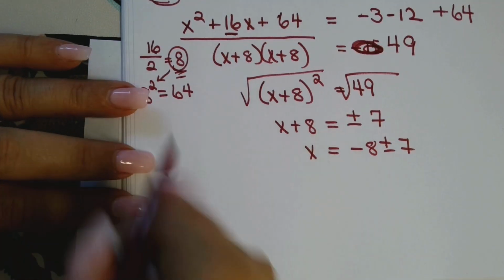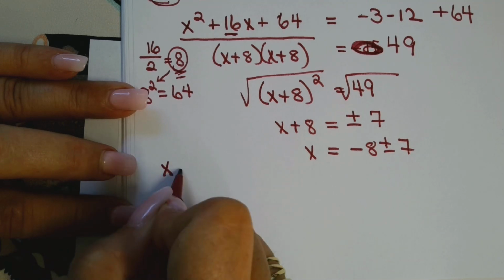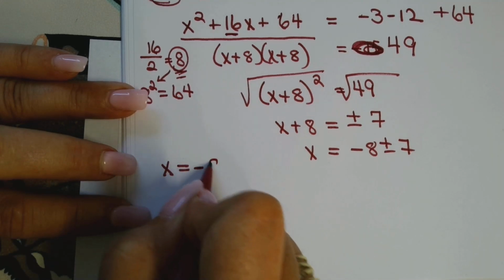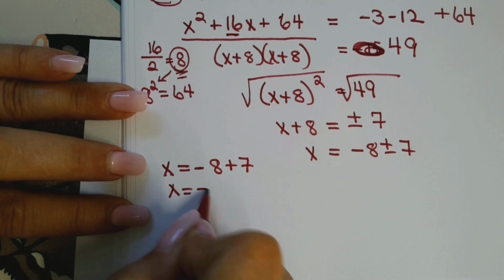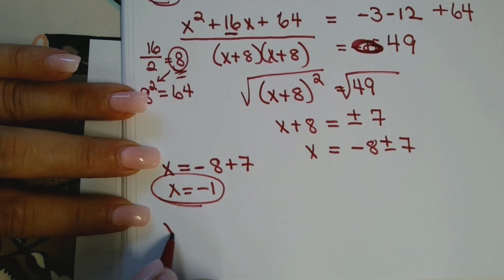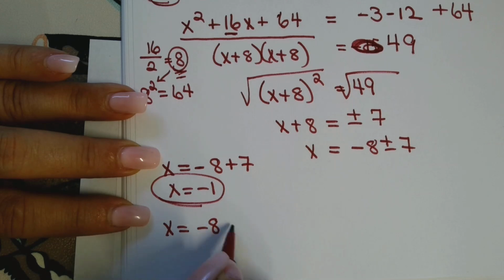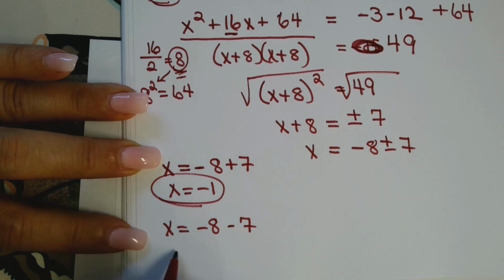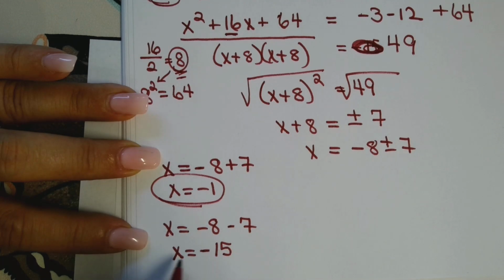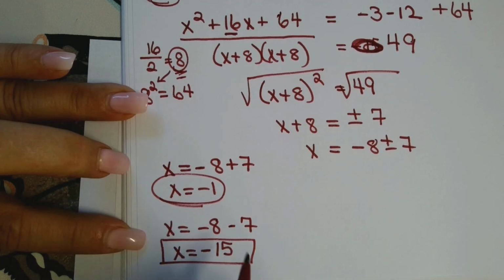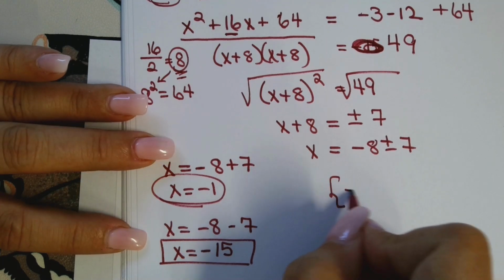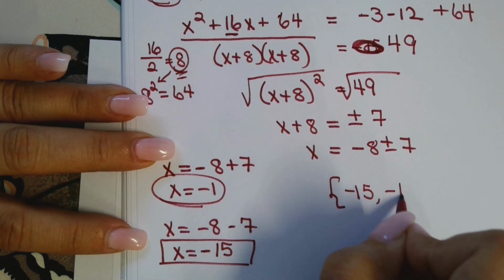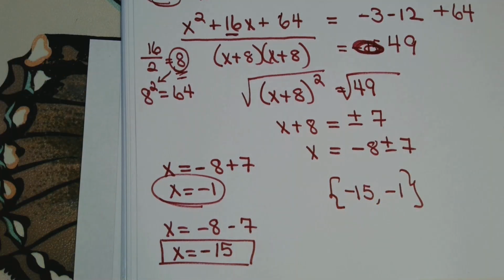So my two possible solutions are x equals -8 plus 7, which means x is -1, or x equals -8 minus 7, which means x is -15. And my solution set, therefore, would be -15 and -1.